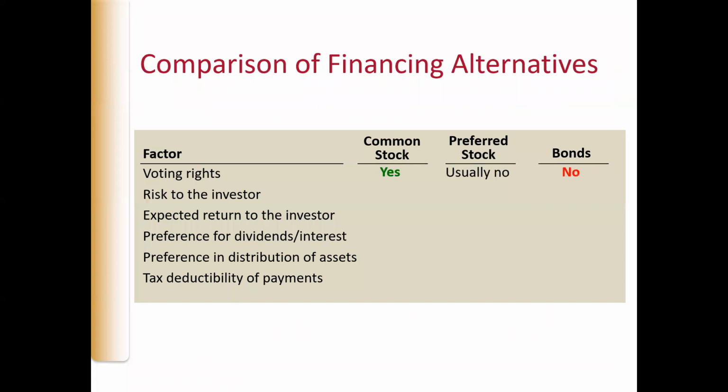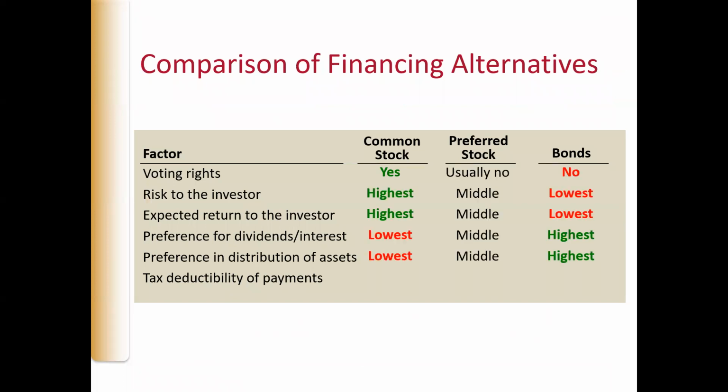So when we've got preferred stock, you don't usually vote with preferred stock. It's not as risky as common stock, but the risk isn't as great, but neither is the reward. It's a kind of hybrid, I guess is the best way to say it, between common stock and bonds.